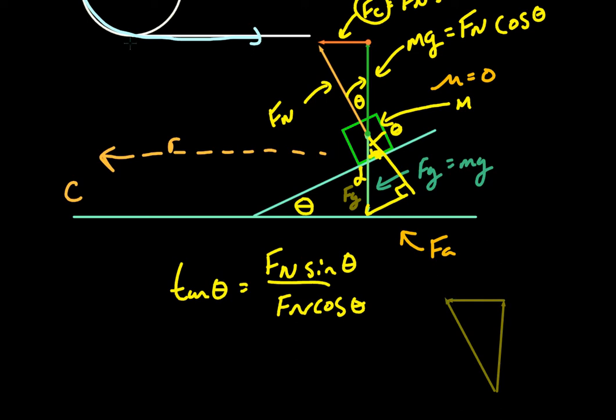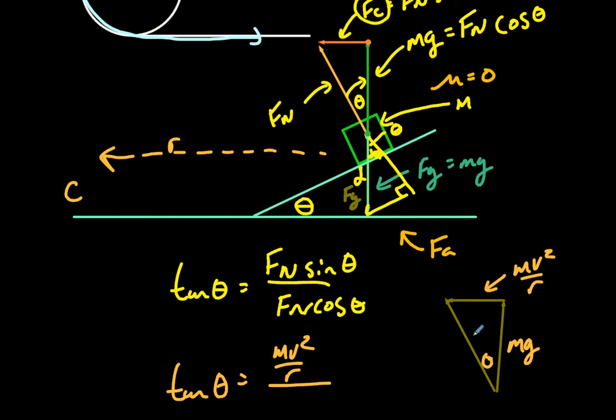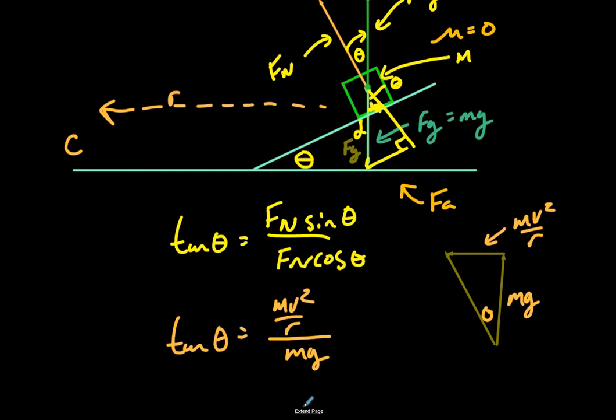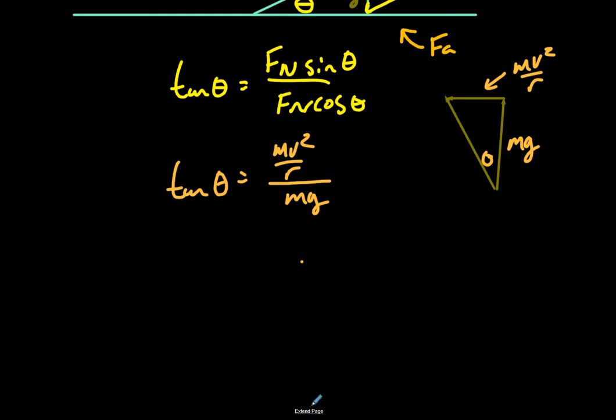So this must be equal and opposite to mg, and this must be mv squared over r, right? As we defined before, and this is theta. So tan theta is opposite over adjacent. So we could say then that tan theta is equal to opposite, which is mv squared over r, over adjacent, which is mg.